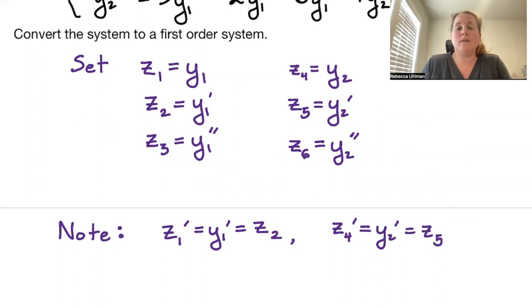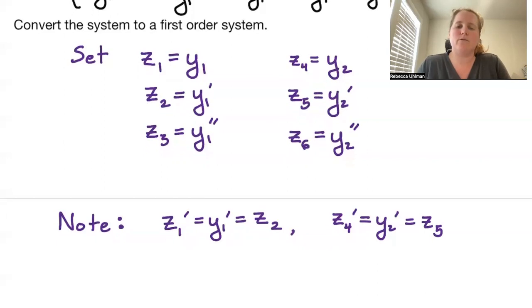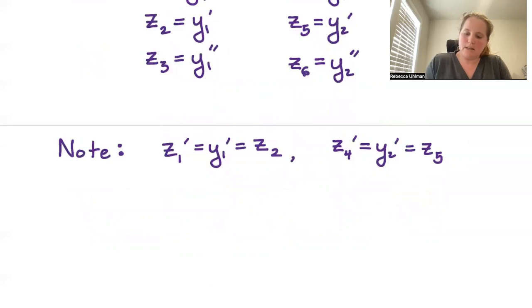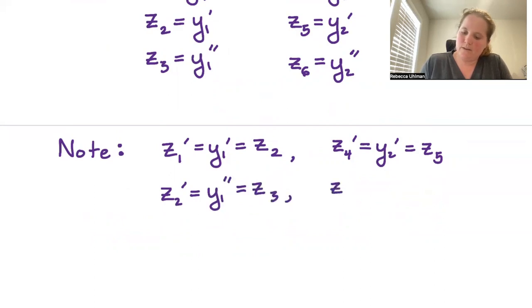So we can write the first derivative of z1 in terms of the other z functions. We can write the first derivative of z4 in terms of the other z functions. Similarly, z2 prime is just y1 double prime, which is z3. And z5 prime is just y2 double prime, which is z6.